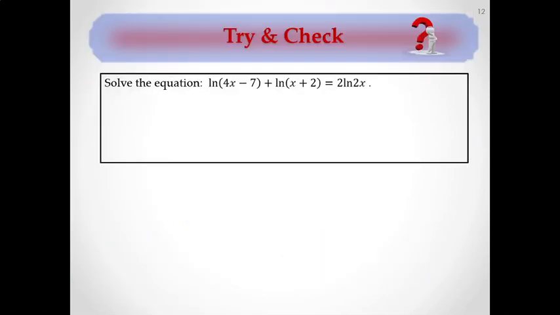Now let's do this try and check exercise. Now look at here. We have ln and ln 2x. Okay, I can combine them and do something like this, ln of ln equal to ln. Now I'm using this property of addition means multiplication.